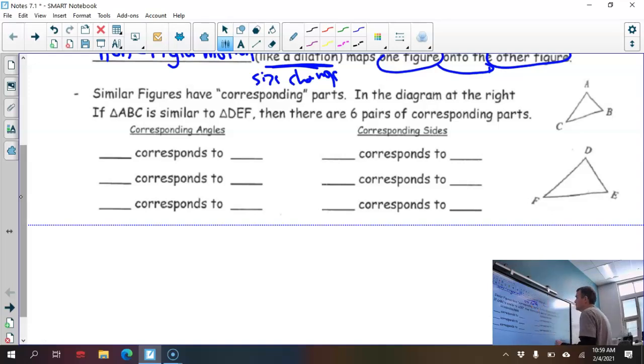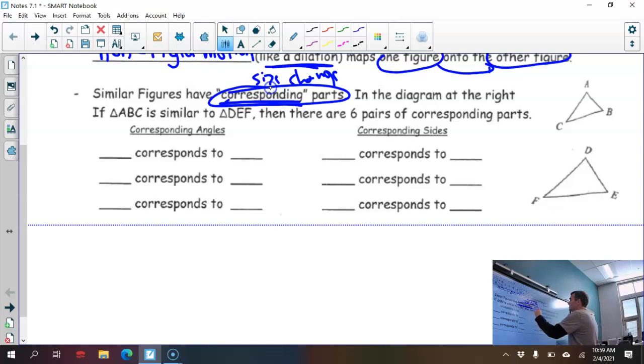Similar figures have corresponding parts. Now this is important. This first example is going to be really easy, but it's not always this easy. You should be able to name the corresponding parts. In the diagram at the right, if triangle ABC is similar to DEF, then there are 6 pairs of corresponding parts, and we're going to name them.